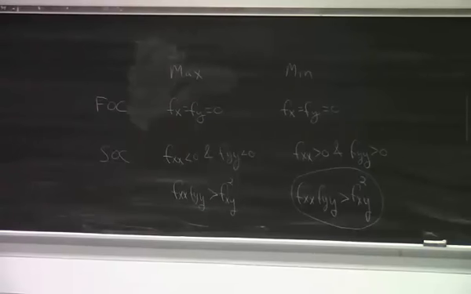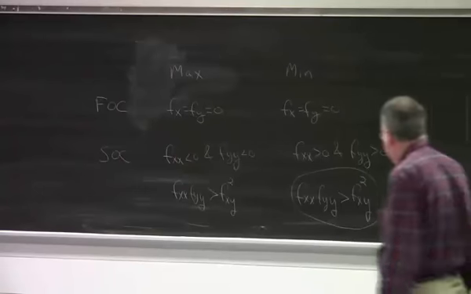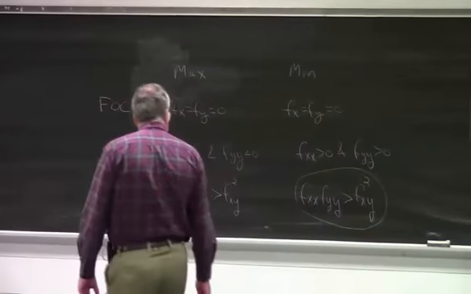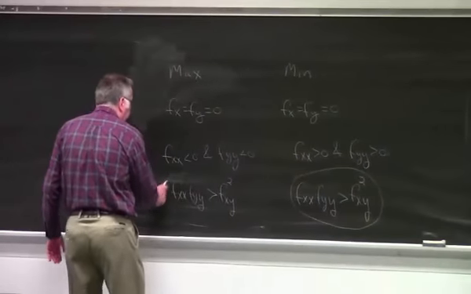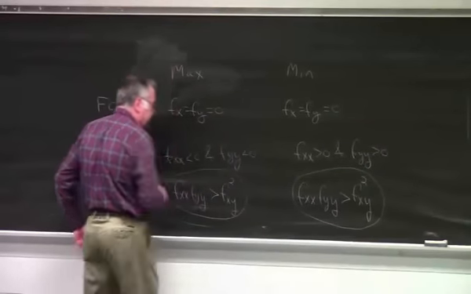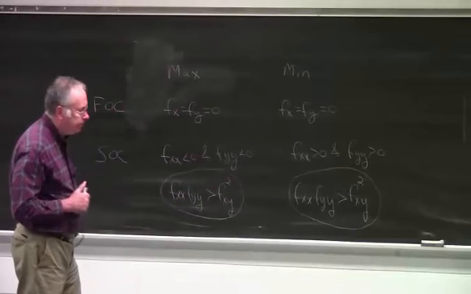And a saddle point occurs where your first order conditions are satisfied, but it's neither a minimum or a maximum, as opposed to a maximum and minimum, which are illustrated on page 294. Okay, that's the reason, Ben, for these conditions.